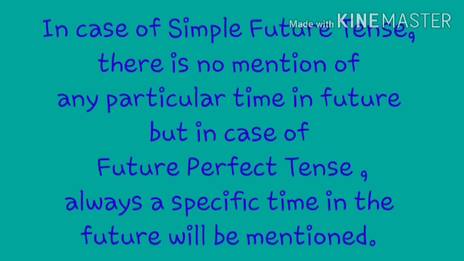In case of simple future tense, there is no need to mention any particular time of the future, but whenever it is the case of future perfect tense, at that time it has to be mentioned the particular specific time of future. That can be year or hour or any month, anything.